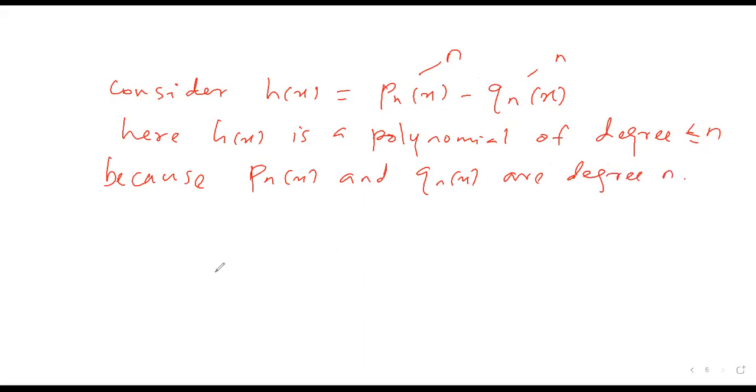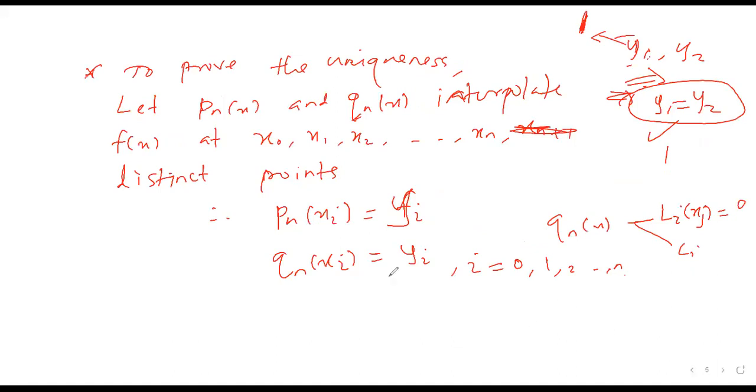Now also h of xi, if you put x equal to xi here, you will have Pn of xi. Whatever you have as x, you substitute xi. So we have Pn of xi, yi, minus Qn of xi, yi.